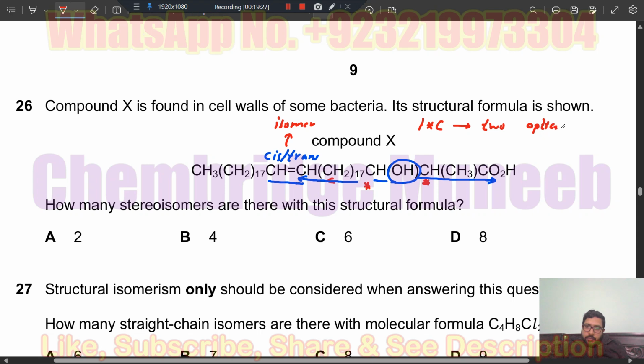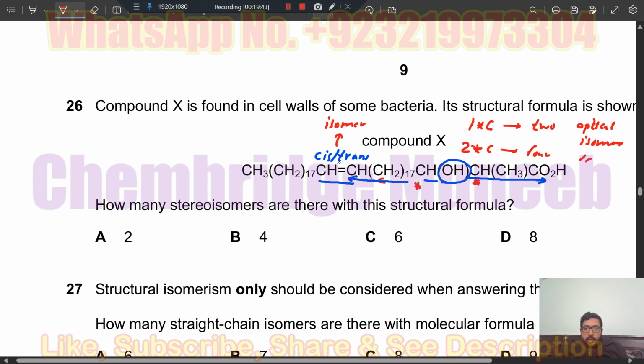There are 2 asymmetric carbons, which means we should get 4 optical isomers, but that is not happening here.